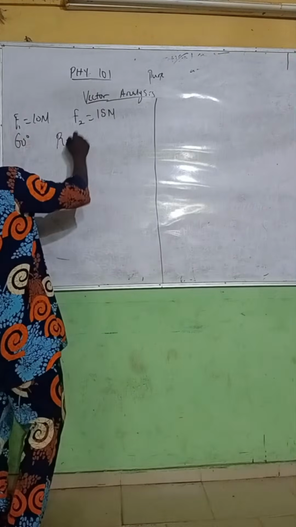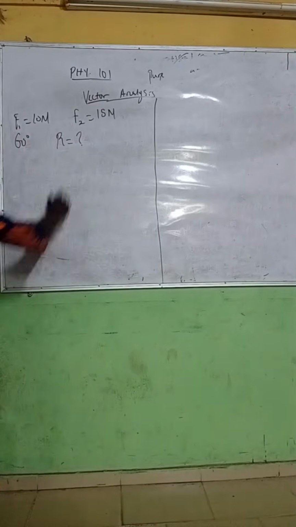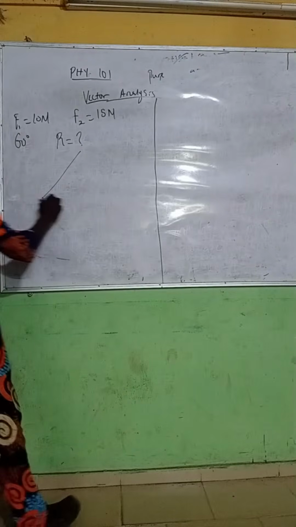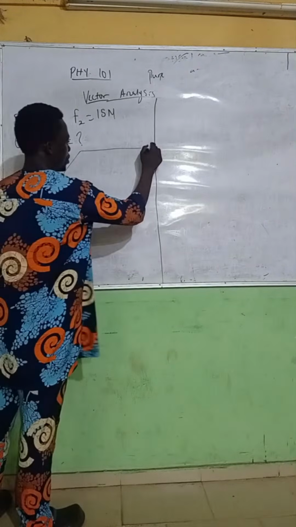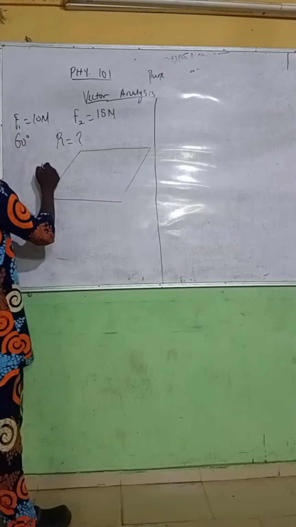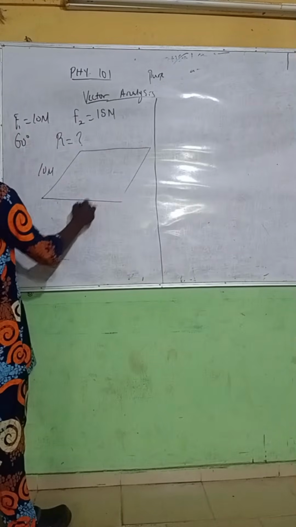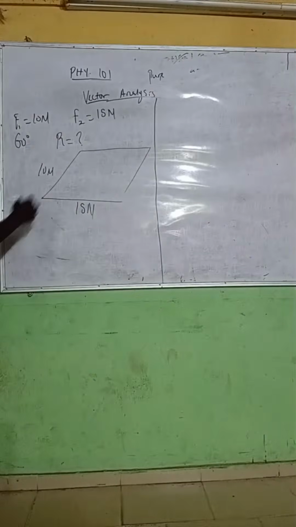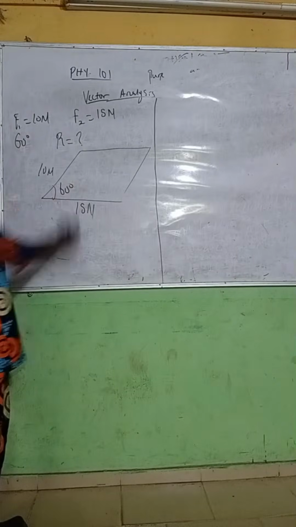Find their resultant R in magnitude and direction using the parallelogram law of vectors. 10 Newton, 15 Newton, inclined at 60 degrees to each other.